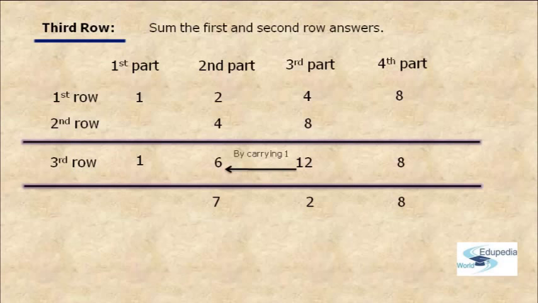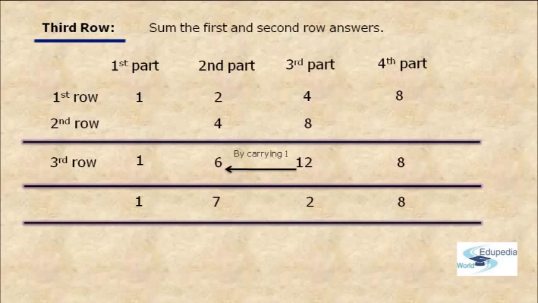Now coming to the first part, we have only a single digit, so let us write that single digit as it is, and therefore finally we will get the answer for the cube of 12, and therefore we can say that 12 cube is equal to 1728.